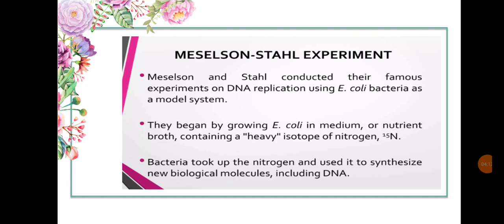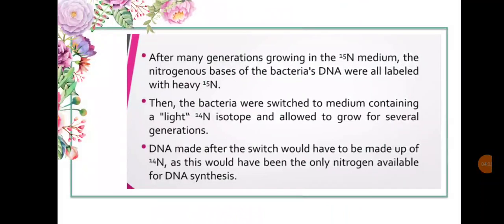Then the bacteria took up the nitrogen and synthesized new biological molecules, including DNA. After many generations of growing in N15 medium, the nitrogen bases of the bacteria's DNA will be labeled as heavy N15. This is the first step.